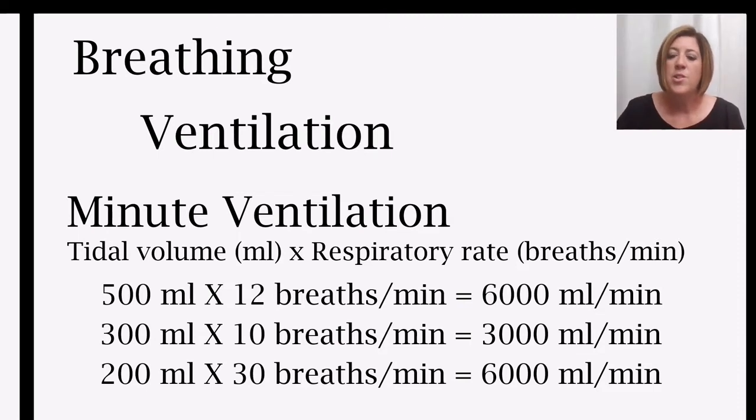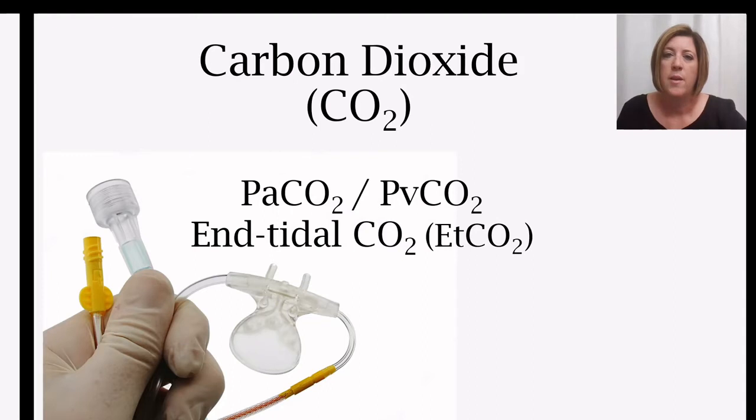But one thing I want to mention in particular is CO2. Because you may not think about CO2 when you think about ventilation, but how does our body get rid of carbon dioxide? We exhale it or breathe it out. So if we're not having good ventilation, we don't expel an adequate amount of carbon dioxide, then our CO2 level is going to go up. So that can be an indicator of poor ventilation.